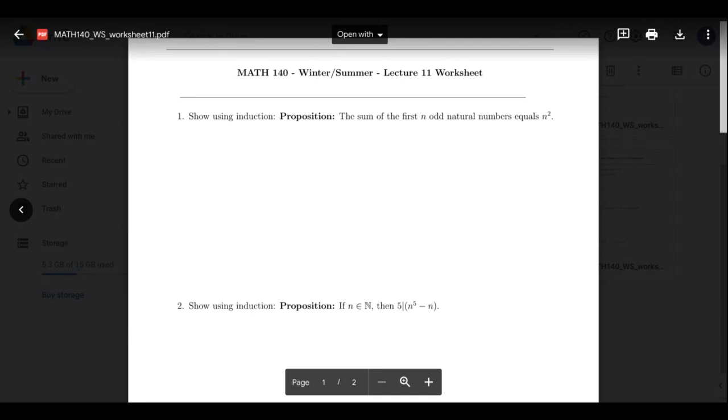But remember, you have 3 steps. First step, show P of 1. Second step, assume P of K or P of N. Junqi, you're missing P of 1.